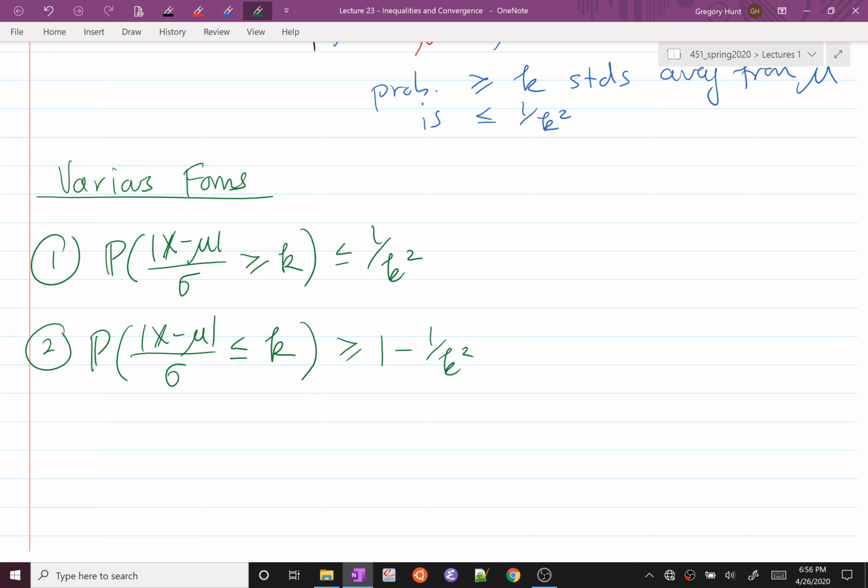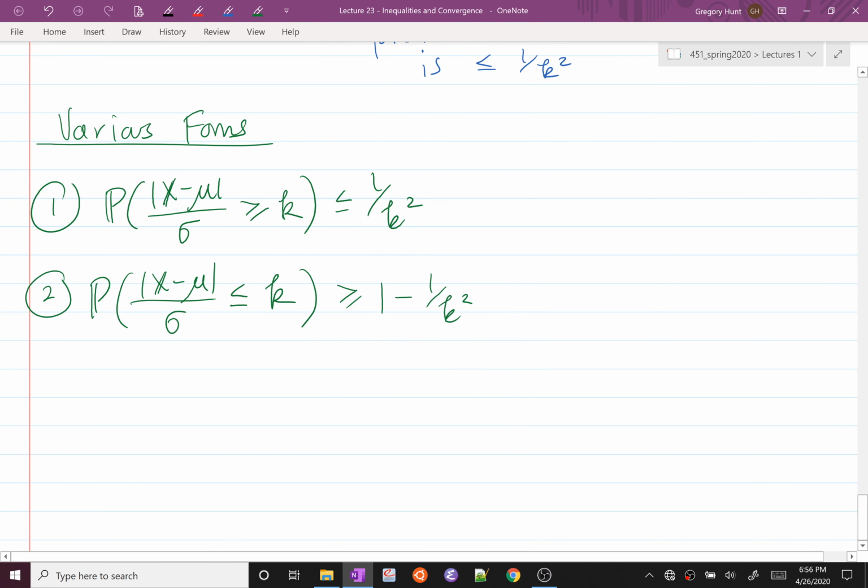And some other useful forms. Let's see, how else can I think about this?